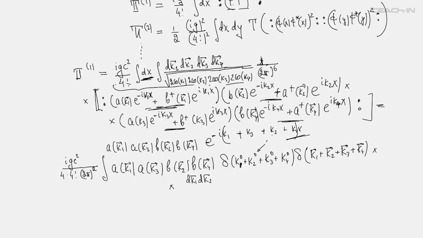Divided by square root of omega on k1 up to omega on k4.